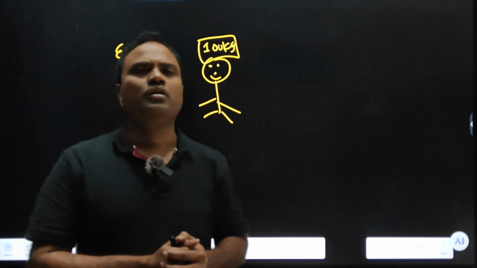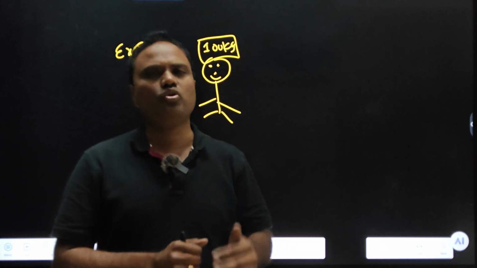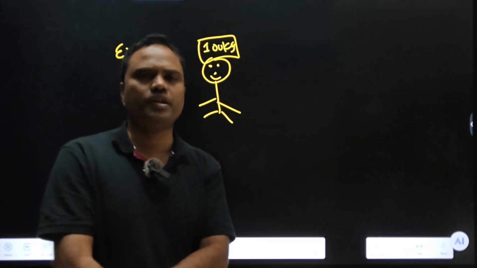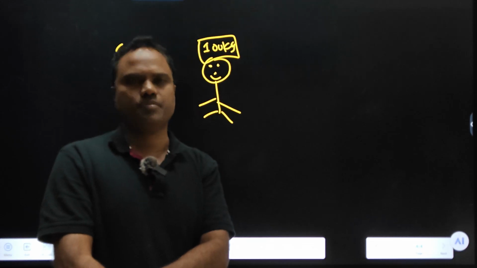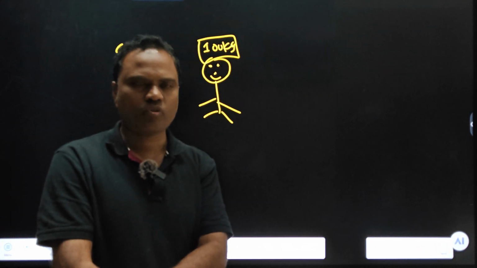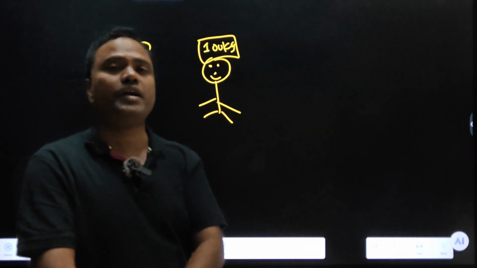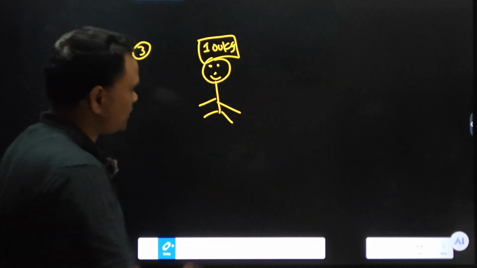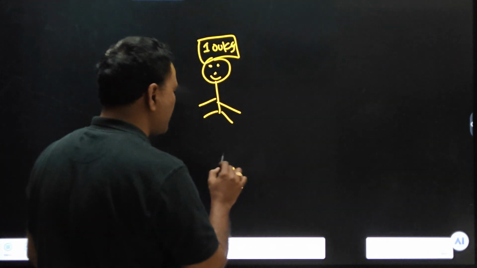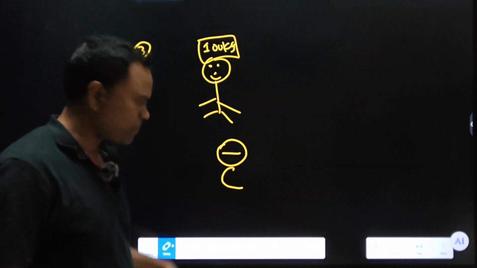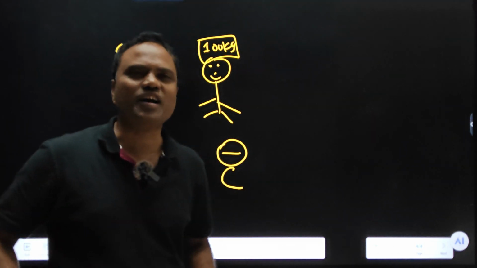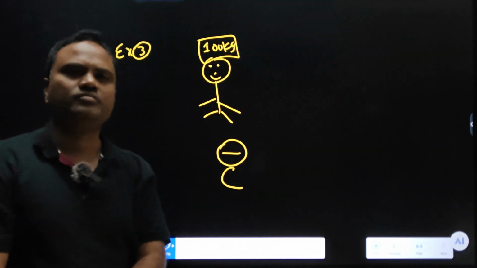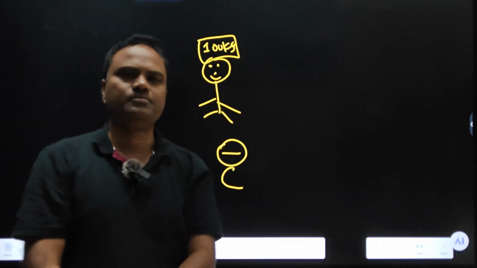If you place more weights on this person, what happens? The person will get instability. If you remove the weights from the head, then he will get stability. Clear? Remember that part. Let us compare this person to a carbanion. Carbon has a negative charge, which means carbon is lifting some weight.